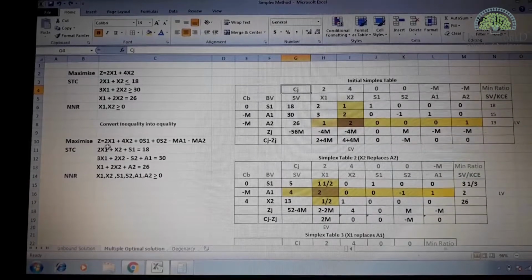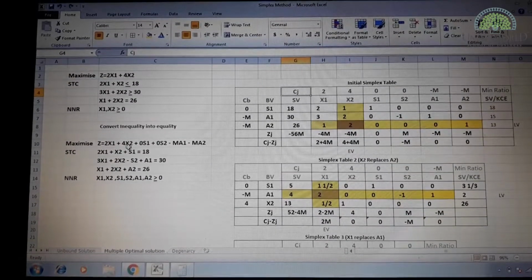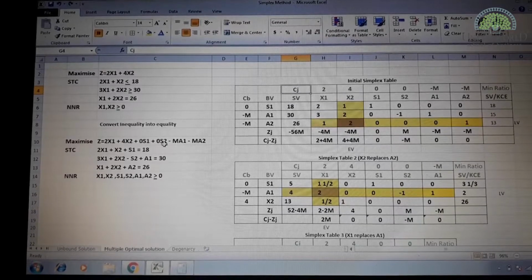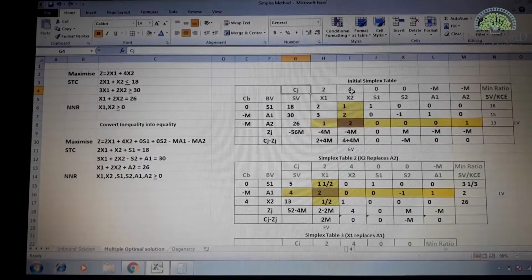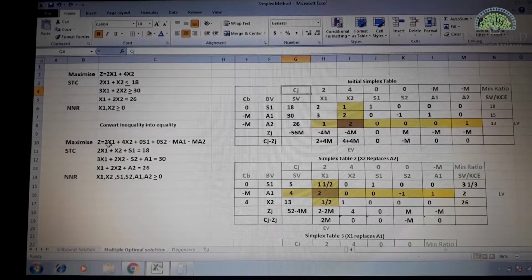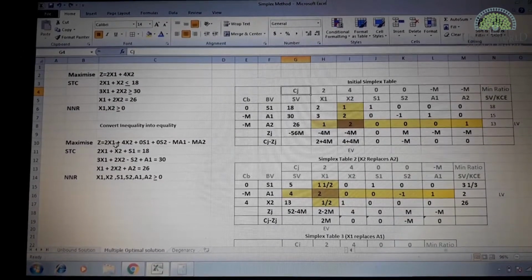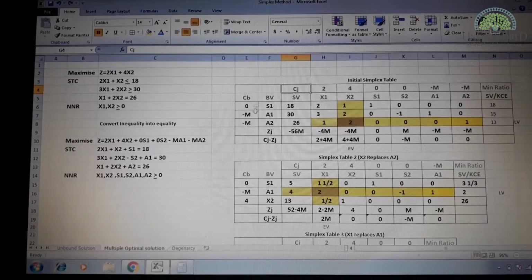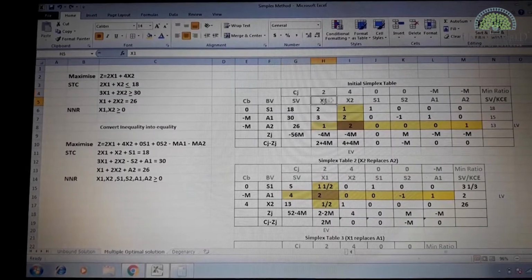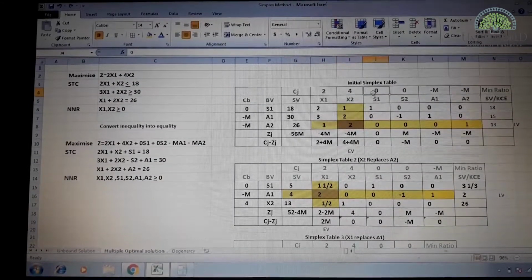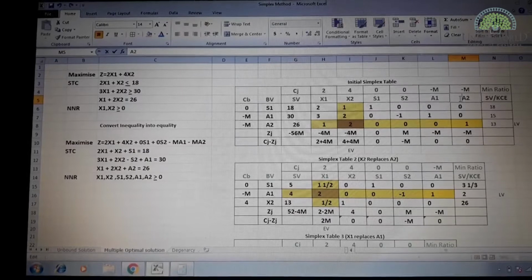The objective function, which was written as 2x1 plus 4x2 plus 0s1 plus 0s2 minus Ma1 minus Ma2, in our simplex table we will split, that is, we will separate numbers from the variables. Coefficients and variables would be separated. So we write it in this form: 2x1 plus 4x2 plus 0s1 plus 0s2 minus Ma1 and minus Ma2.